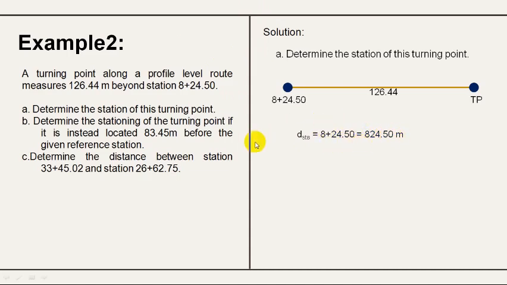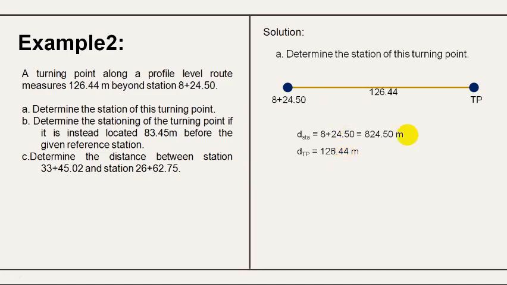So from the starting point to this station, it has this horizontal distance of 824.50 meters. Next, the distance of the turning point from this station is 126.44, which is already given.